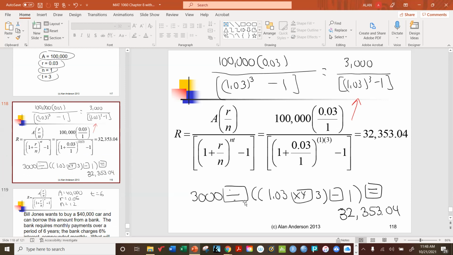If you follow the steps I'm showing you here, you have 3,000 divided by, and in parentheses, 1.03 raised to the third power minus 1. Be aware that there are 2 sets of parentheses required here. And so the savings each year will be $32,353.04.